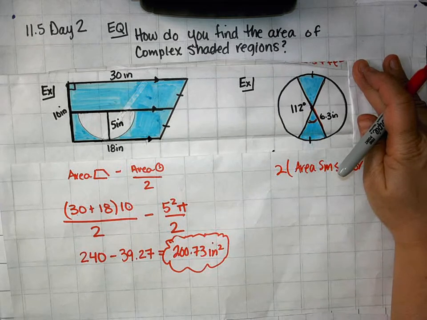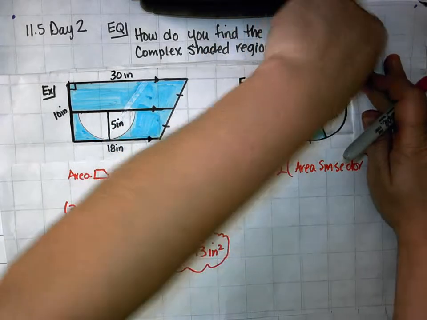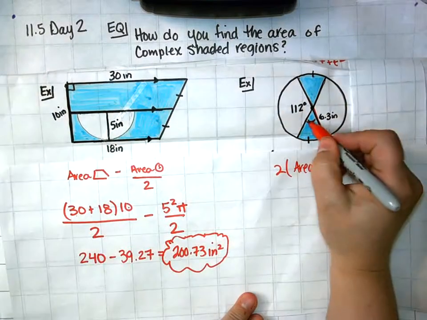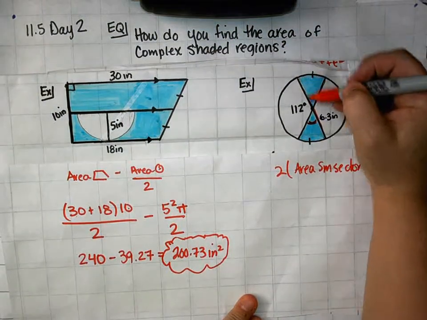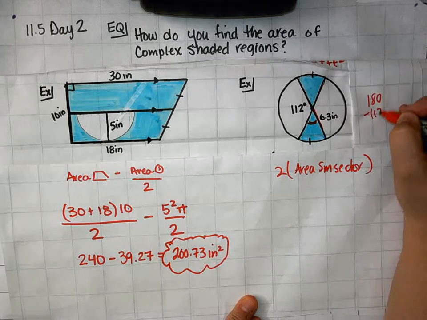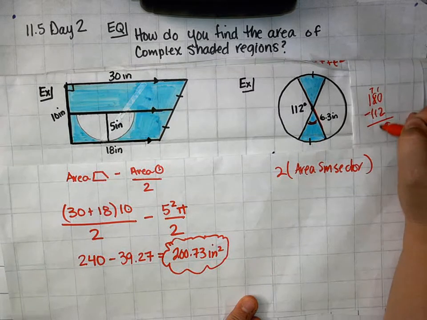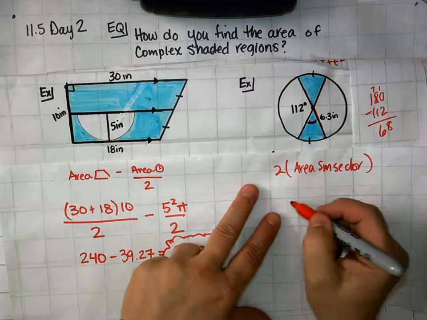To find the area of a small sector, I do have to find this angle right here. But this is a diameter, so I can easily do that by taking 180 minus 112, finding it to be 68.